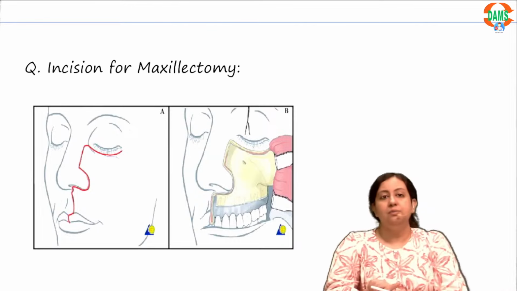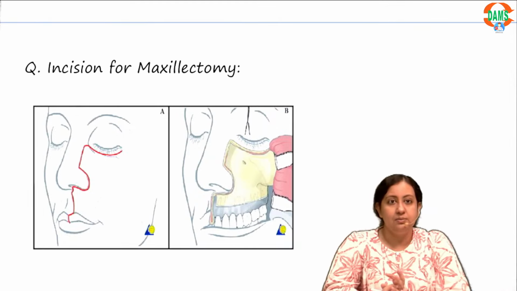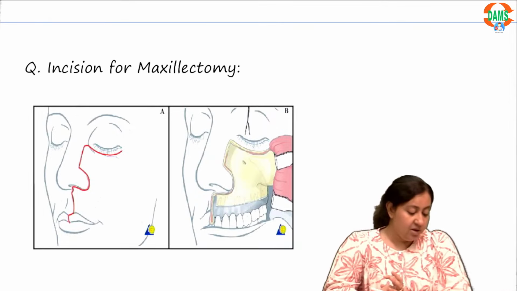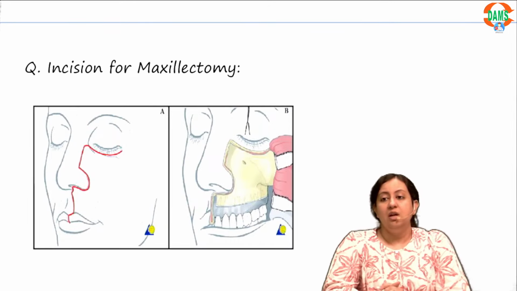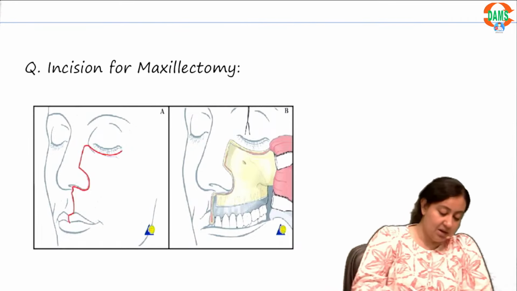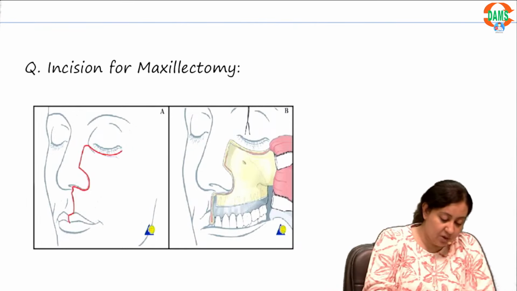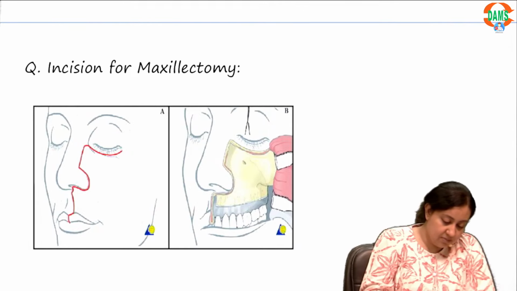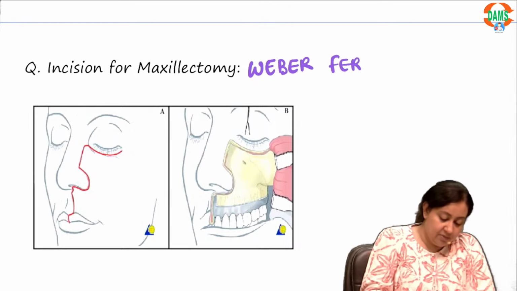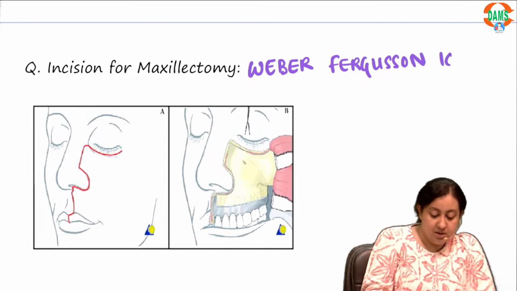Now very important, we have here the incision of maxilla. The incision for maxillectomy is known as the Weber-Ferguson incision.